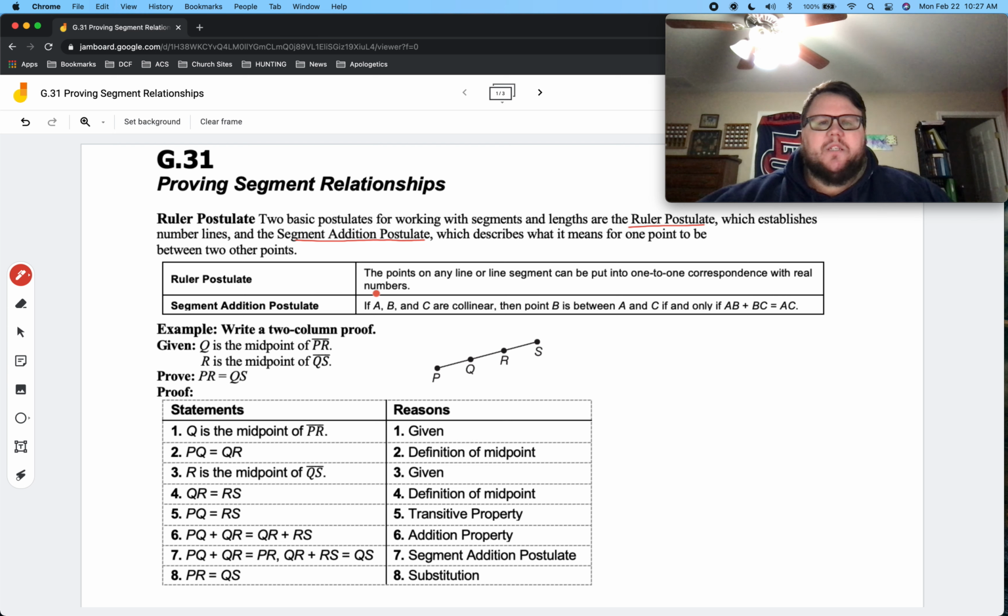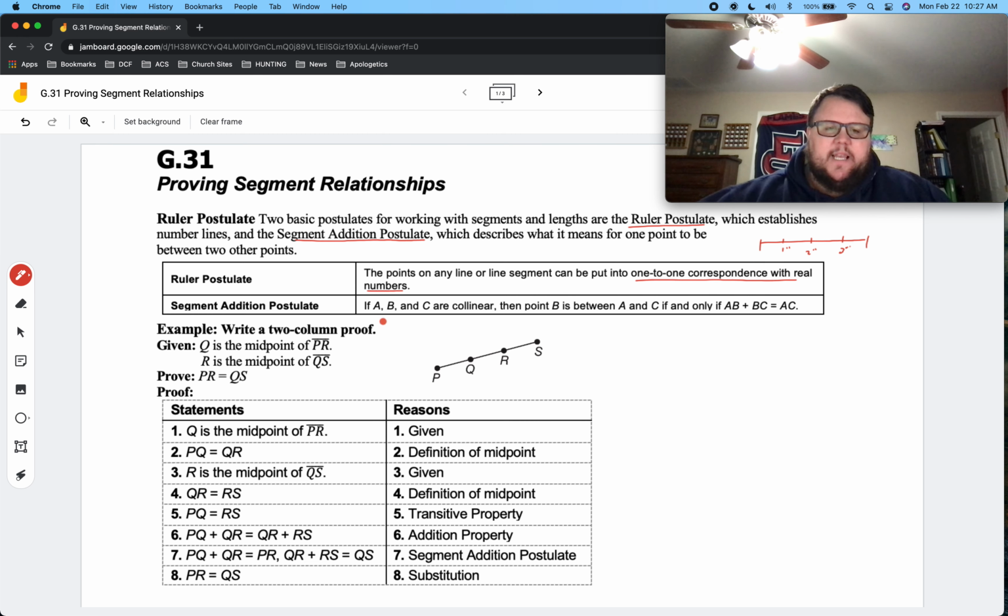So the ruler postulate is this: the points on any line or line segment can be put into one-to-one correspondence with real numbers. When you look at a ruler or a number line, the ruler starts with 0, then goes to 1 inch, 2 inch, 3 inch, and so forth. That's the ruler postulate.